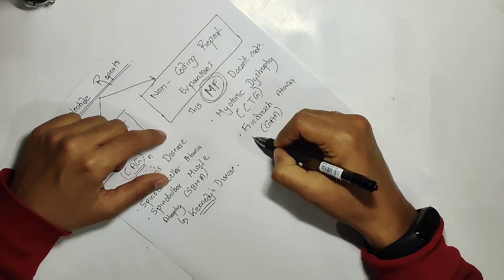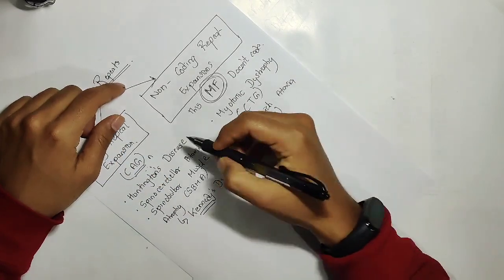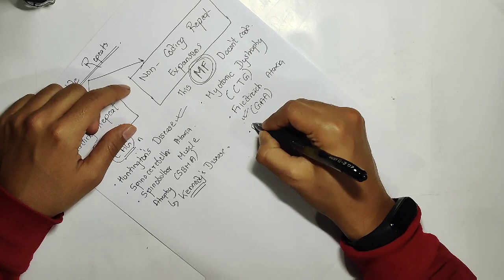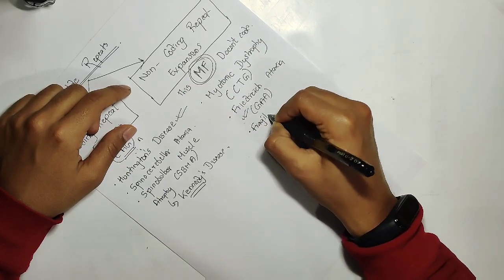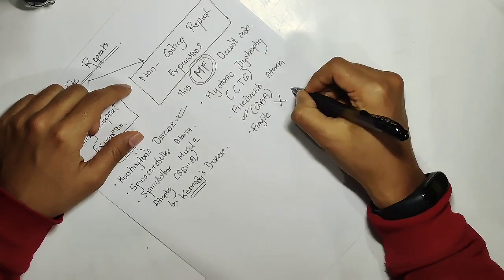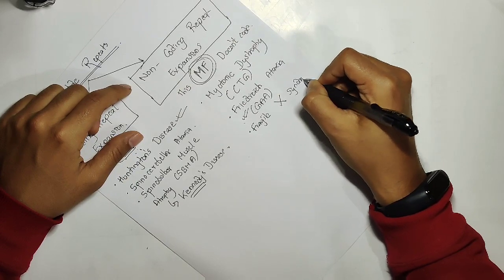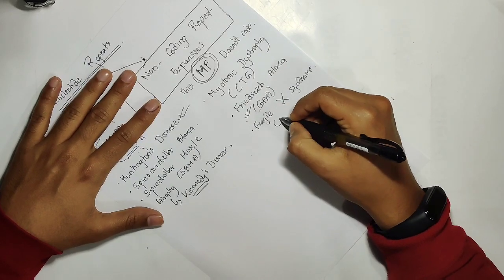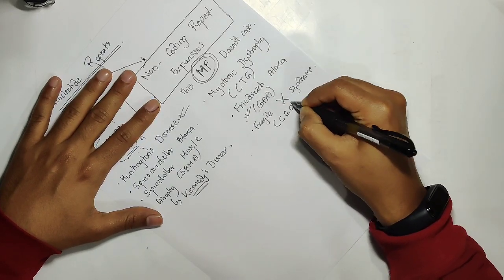Then we have Fragile X syndrome, which is C, G and G.